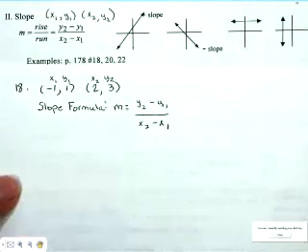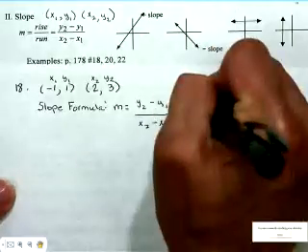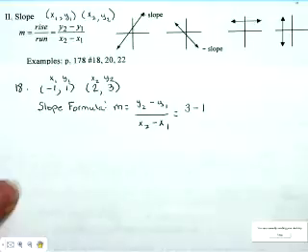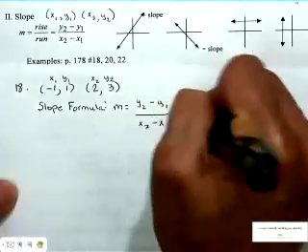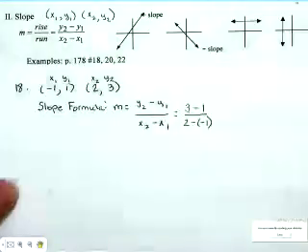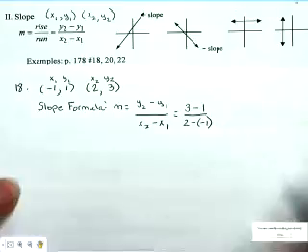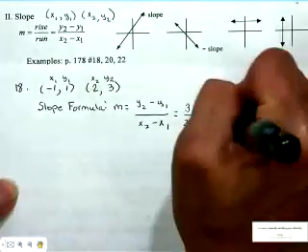Using the points that I'm given, y2 minus y1 would be 3 minus 1, and x2 minus x1 would be 2 minus -1. And that simplifies to 2/3.